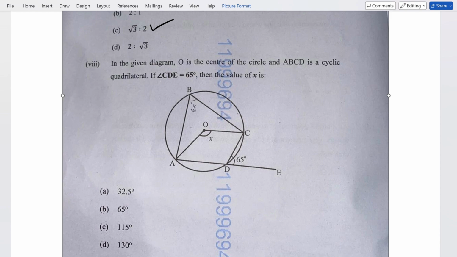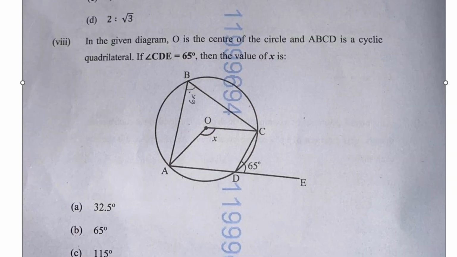This is given 65 degree. CD is given 65 degree. From this chord, this is given 65. That means this is your 180 minus 65. Cyclic quadrilateral, the opposite angles are supplementary.